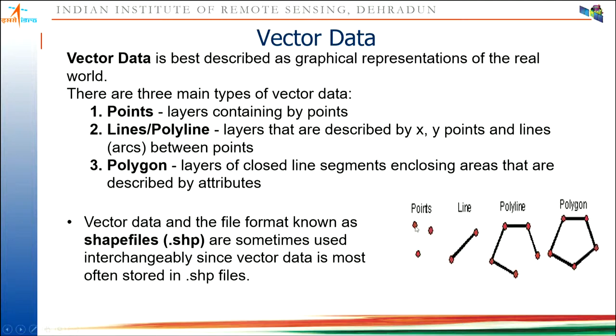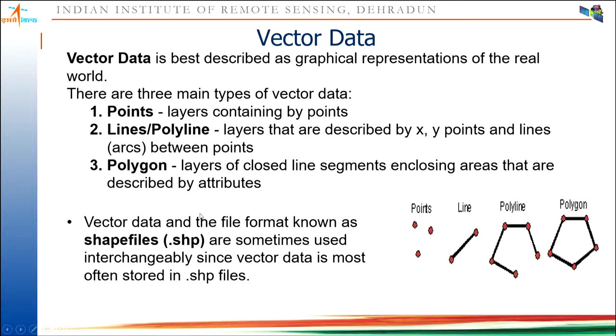Points will be dots, xy, and if we combine 2 points it will become a line, and it can contain more points also. Next is polylines, which contain many lines, but the first point and last point will not be the same in polylines. In a polygon, the starting point and last point will always be the same, that's why it is called a polygon, and a minimum of 3 points is required to construct a polygon.